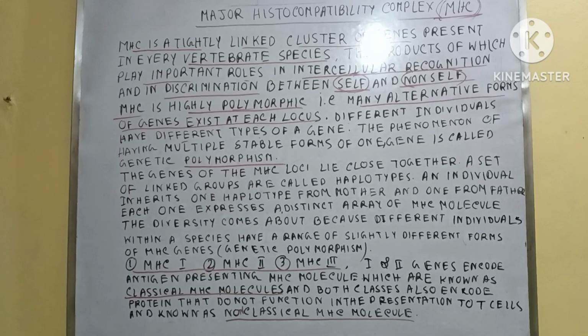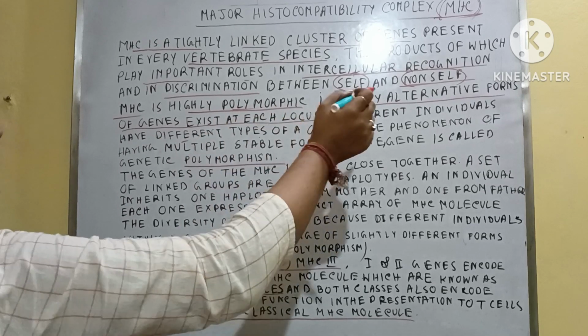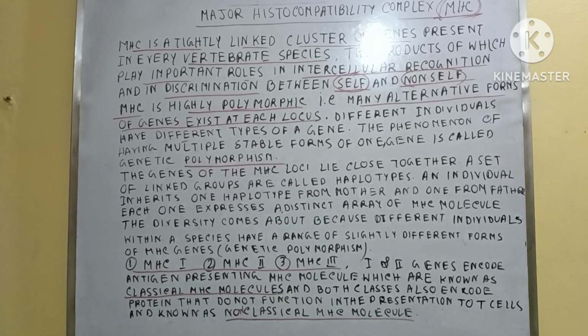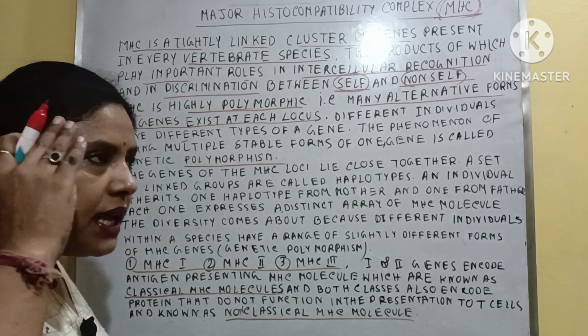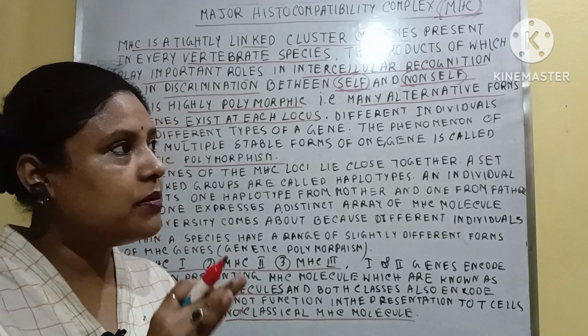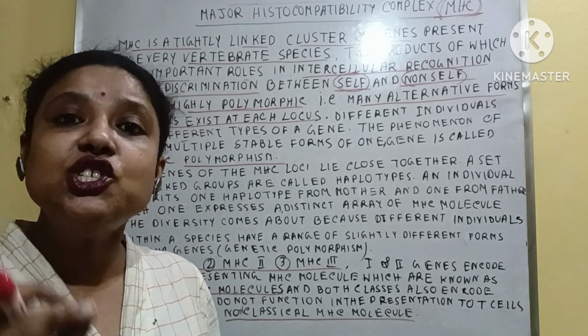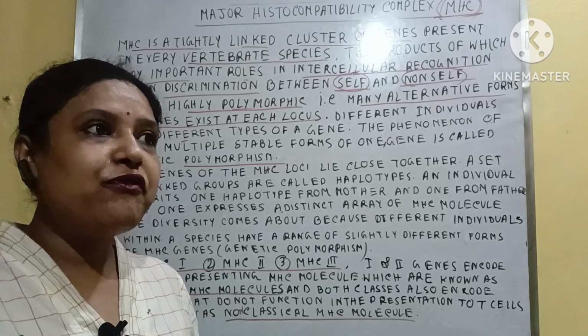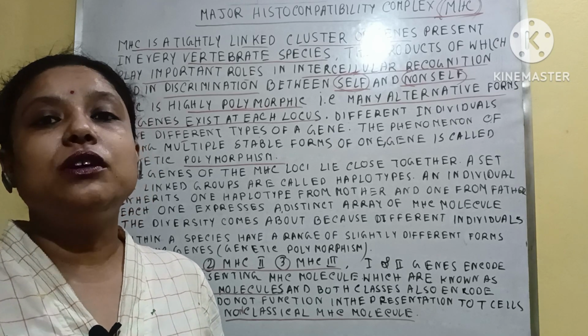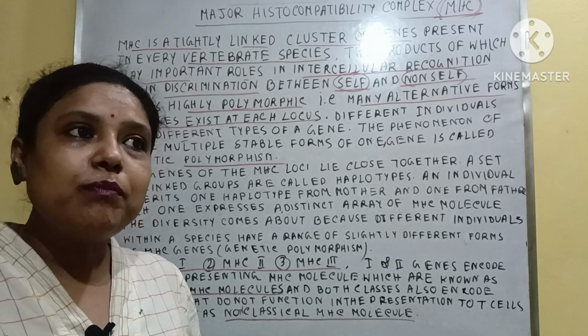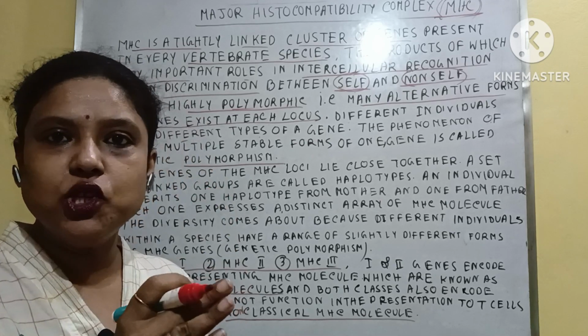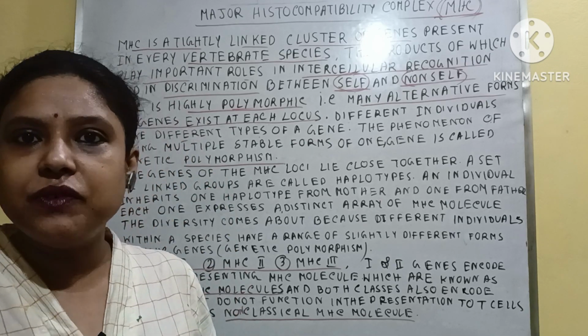In a species there are many different individuals, and the MHC complex present in one individual is obviously of a different type in a second individual.